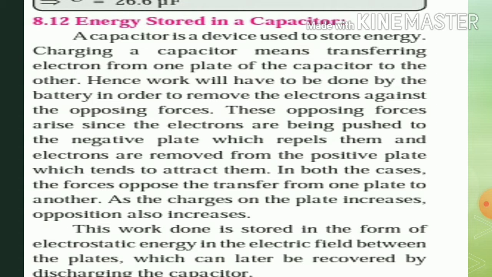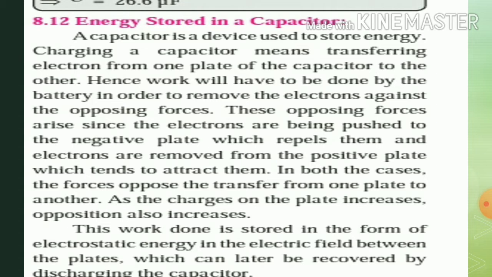Hence, work has to be done by the battery in order to move the electrons against the opposing force.